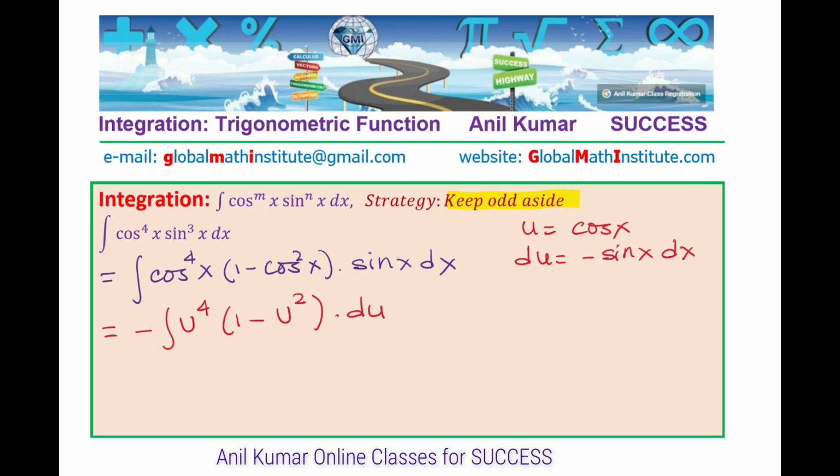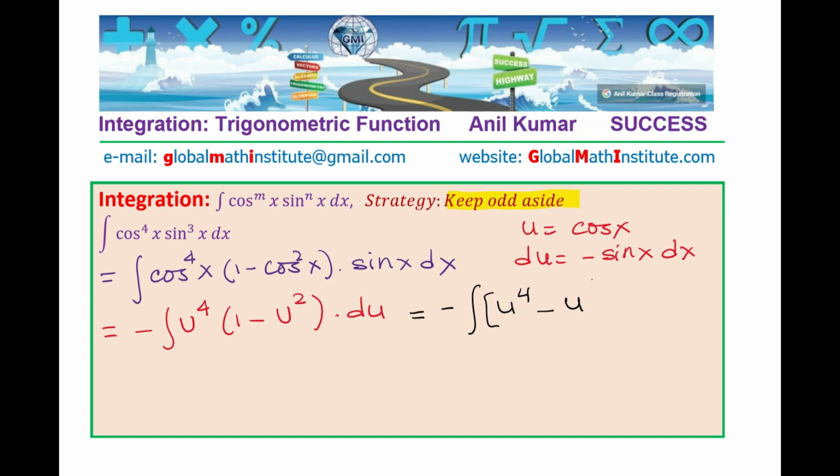Now, we can easily expand this and find the integral, right? So let's figure this out. We have u to the power of 4 minus u to the power of 6, du, and that gives you minus, u to the power of 5 over 5, correct? Let me write square brackets outside, minus u to the power of 7 over 7, and of course plus c.